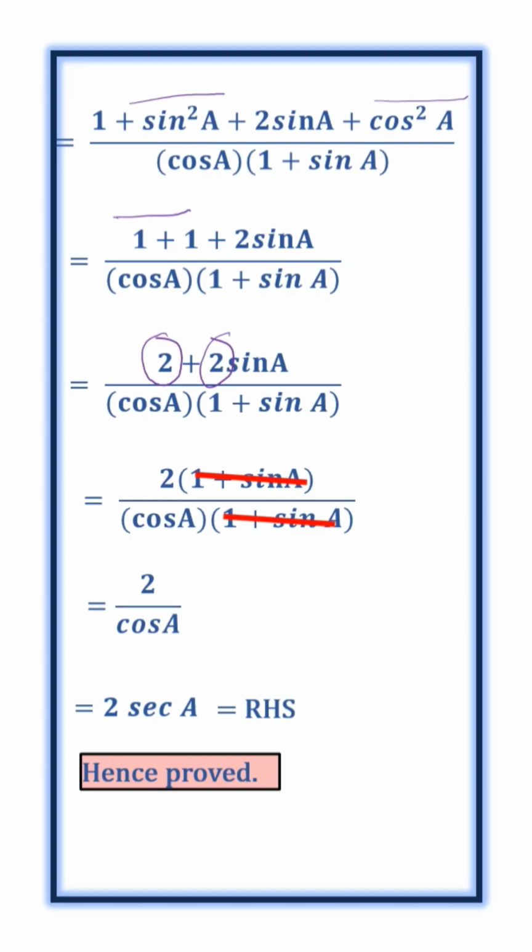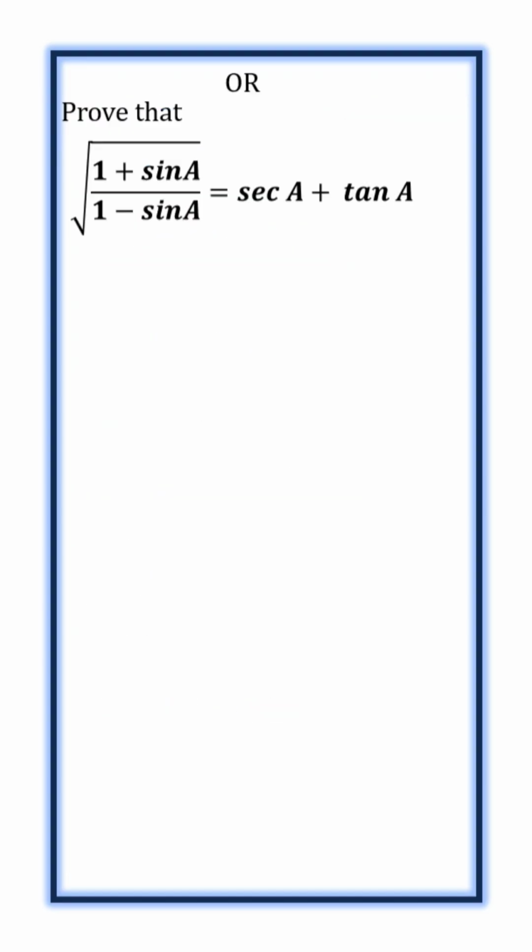Or you can also solve this question. Prove that under root (1 plus sin A) upon (1 minus sin A) is equal to secant A plus tan A. What is LHS? This is LHS. If you see such type of problem, you have to multiply both numerator and the denominator with the rationalizing form of the denominator.